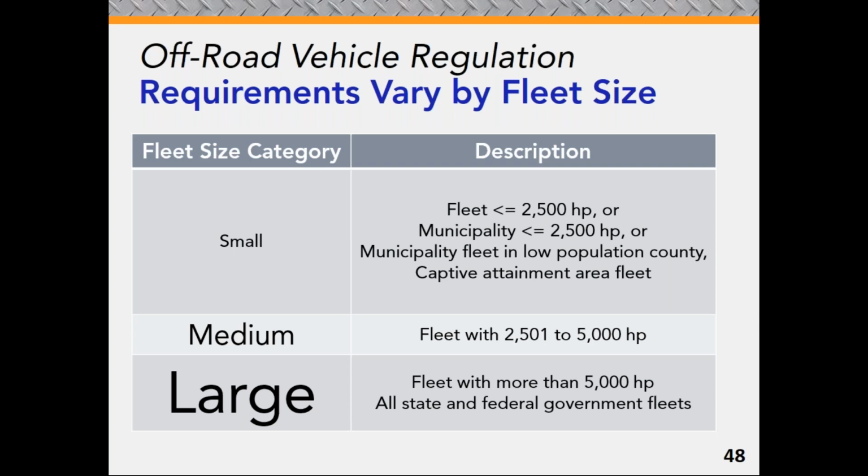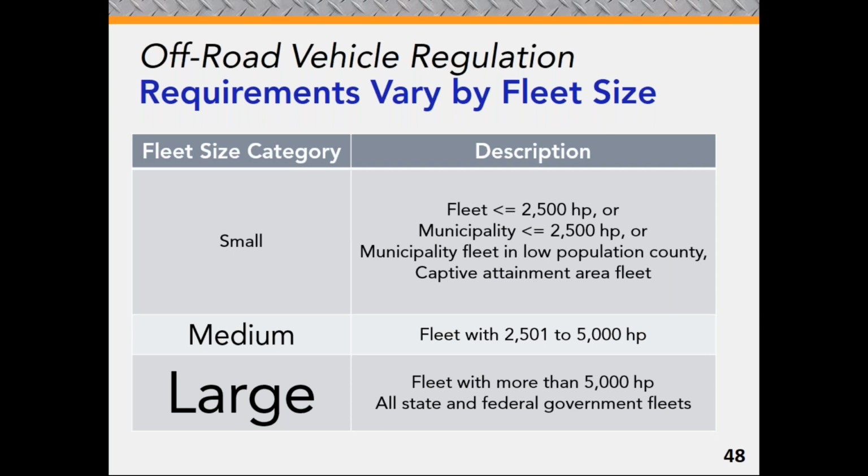So just something to keep in mind. Small fleets are those with less than 2,500 horsepower and also include municipality fleets in low population counties or fleets in captive attainment areas, regardless of the total horsepower of that fleet. All state and federal government fleets are considered large regardless of their total horsepower.